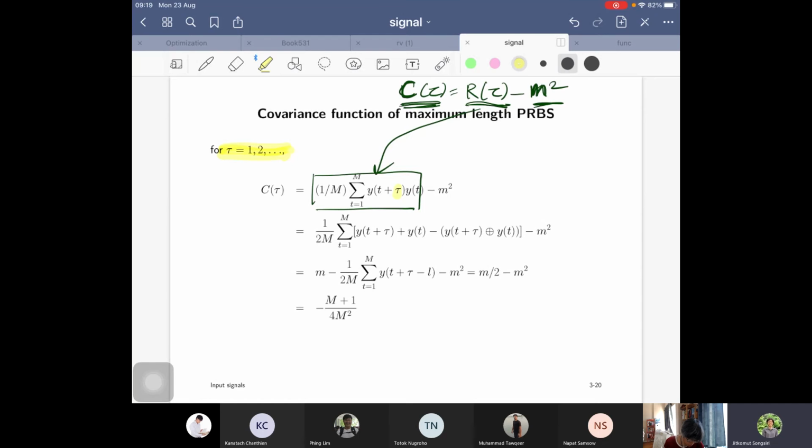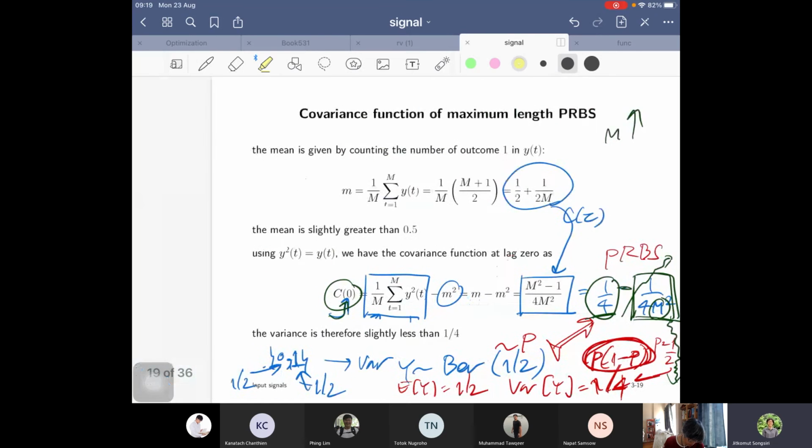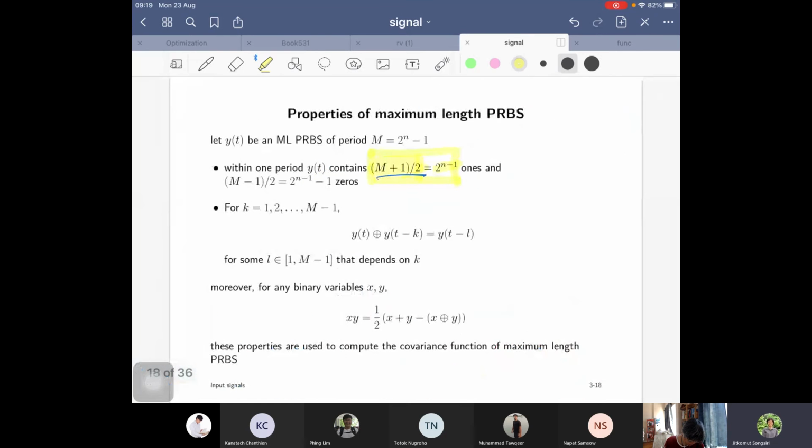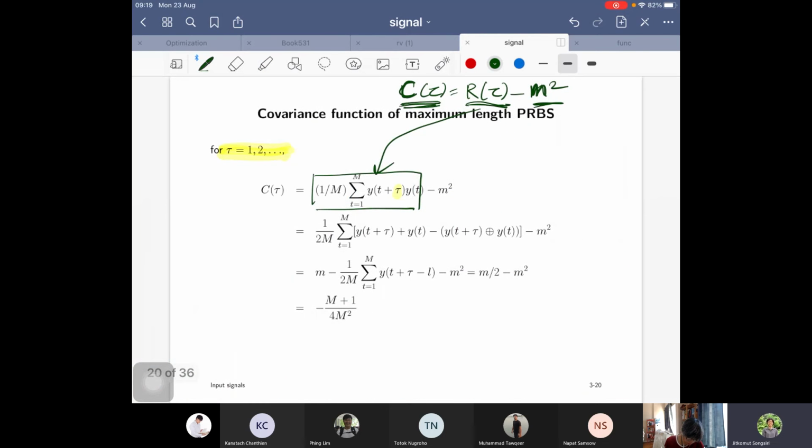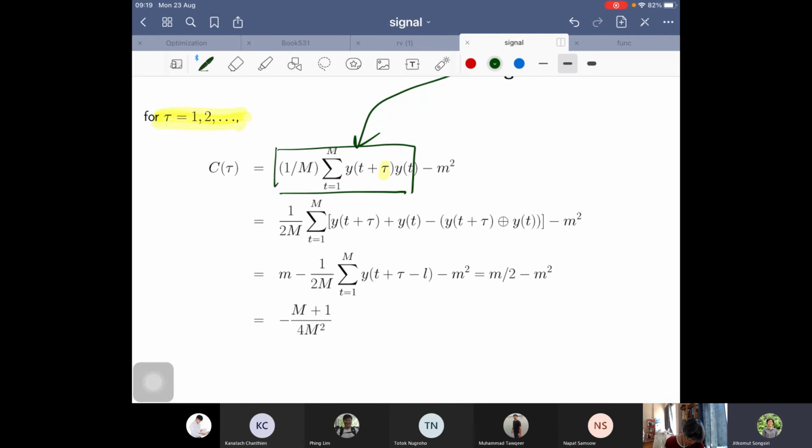Then we use the third property, and the second property: you can express y at time t minus l as the modulo 2 sum of y at two different times. Now let's see step by step.